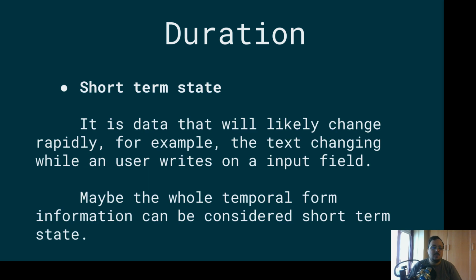So in the case of short-term state, as you see, it's fast. You want a state that changes very fast, and you don't want to hold this information for too long. It's not like the username that you are going to print every time a user comes.